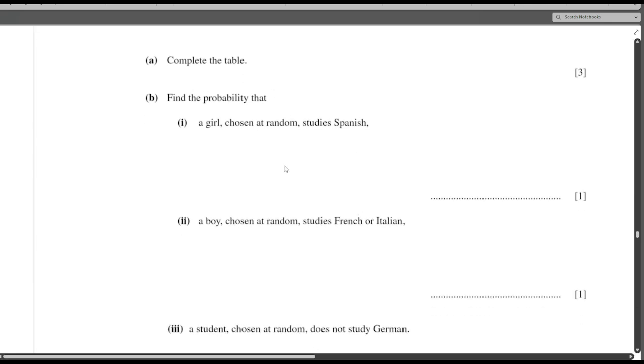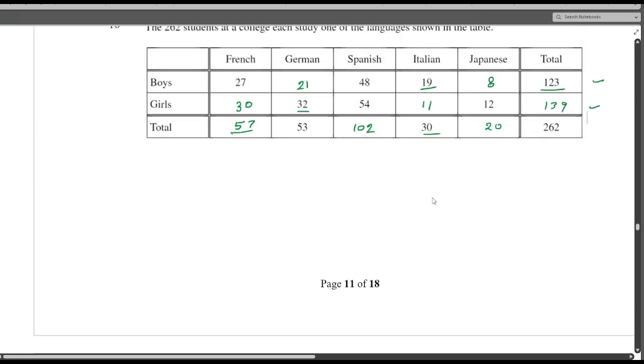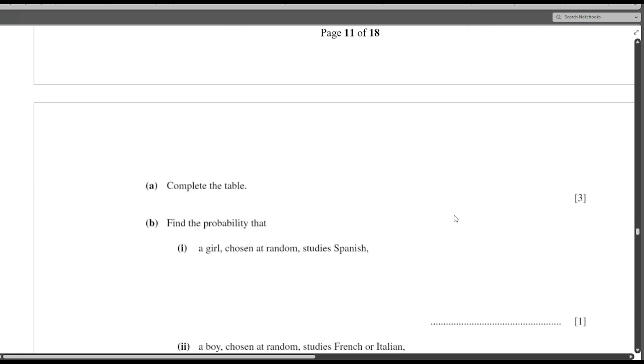Find the probability that a girl chosen at random studies Spanish.